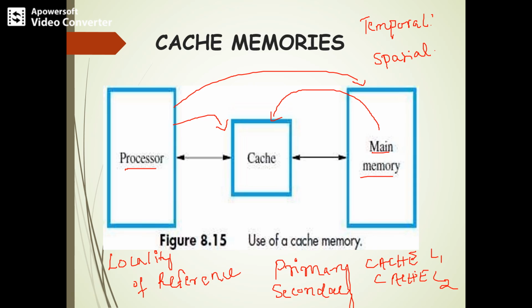Depending upon that, we have two different algorithms: one is the LRU algorithm and the second is the MRU algorithm. LRU means least recently used algorithm, and MRU is most recently used algorithm.